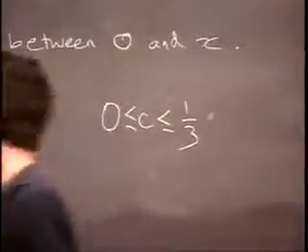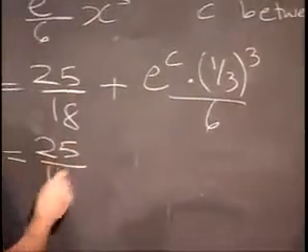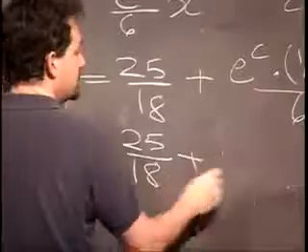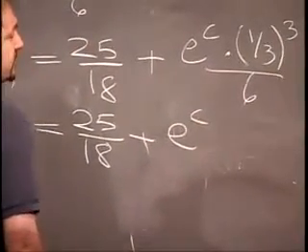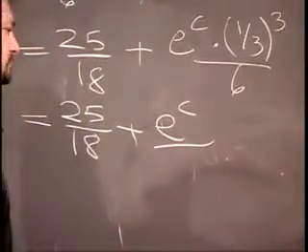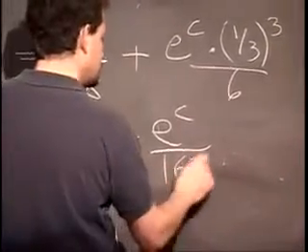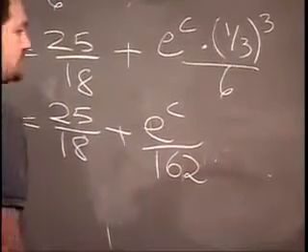So this is probably déjà vu from last week because we did a very similar example. So you get e to the c, and 6 over 27 works out to be 162. Is that right? 168.